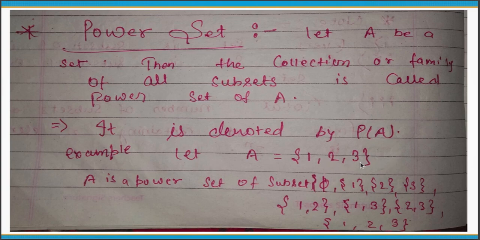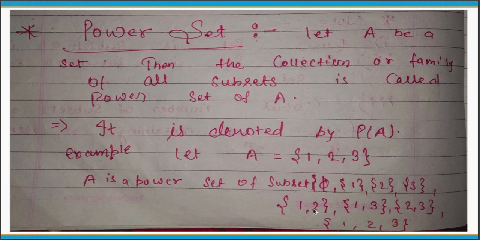For example, let A equal to {1, 2, 3}. Now, A contains 3 elements, so 2 to the power 3 means 8.